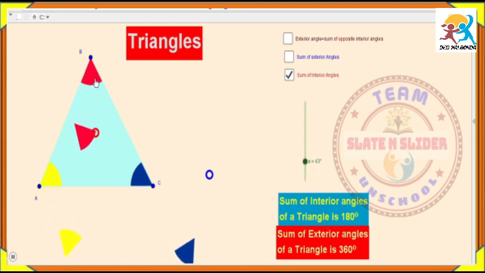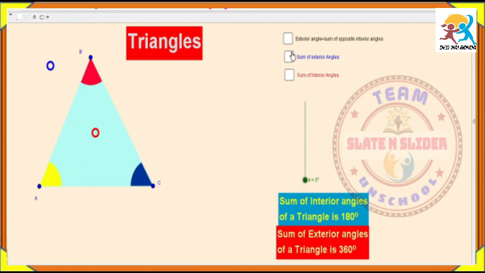Just observe, I am cutting these three sectors and I will keep the three sectors aside. What we got? We got a semicircle. In the semicircle, the angle at the center is 180 degrees. So from this we can say that the sum of the three angles of a triangle is 180 degrees.